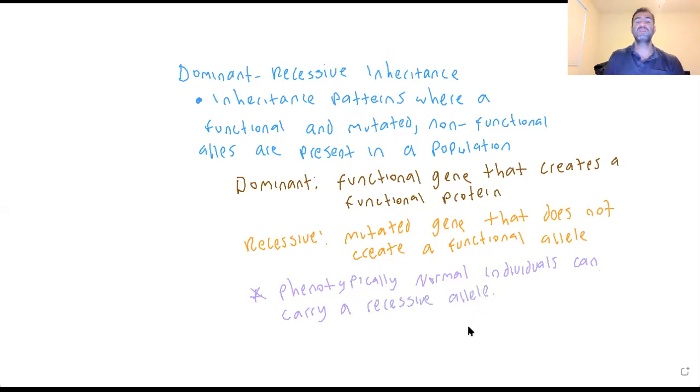Because with dominant and recessive inheritance, as long as an individual just has one dominant allele, phenotypically they'll be normal or mostly normal. However, they can carry the recessive allele, meaning if they happen to mate with someone that is also carrying the recessive allele, they can pass it down to their offspring.